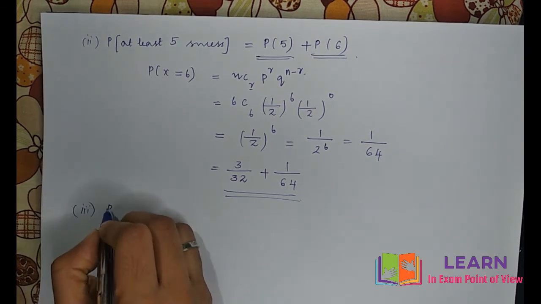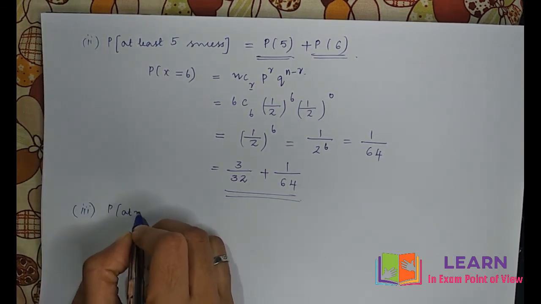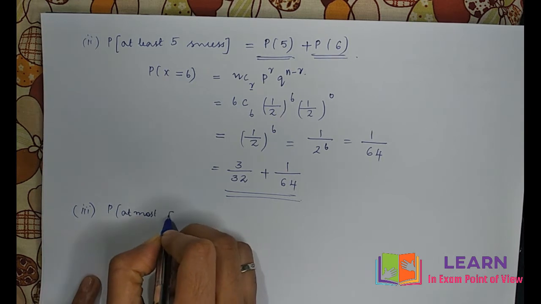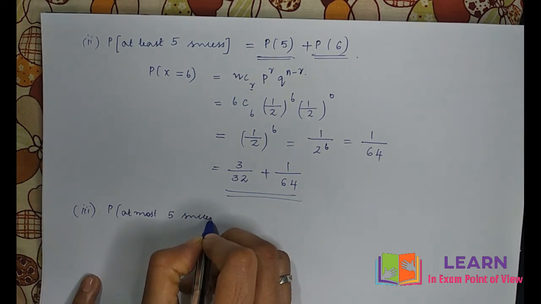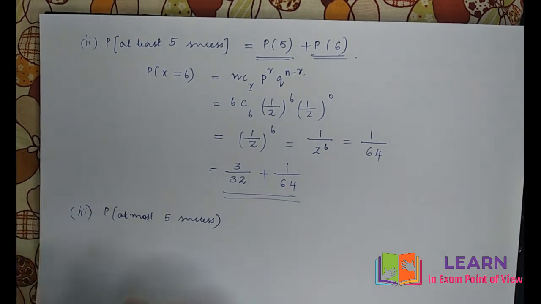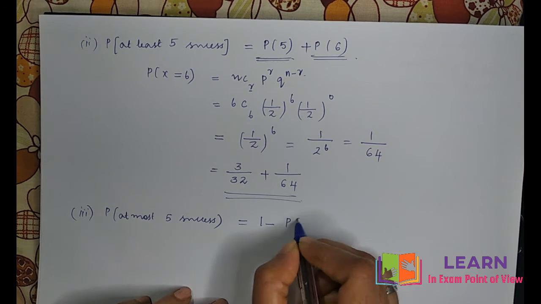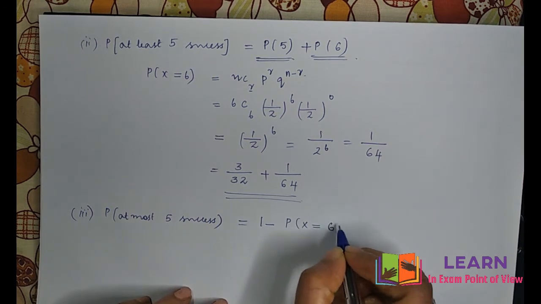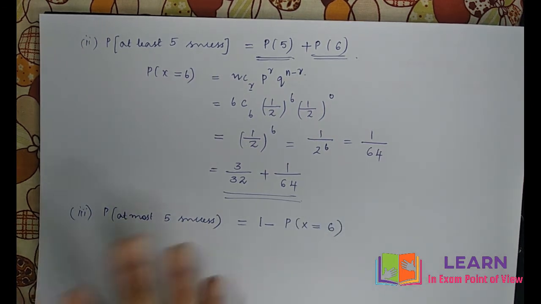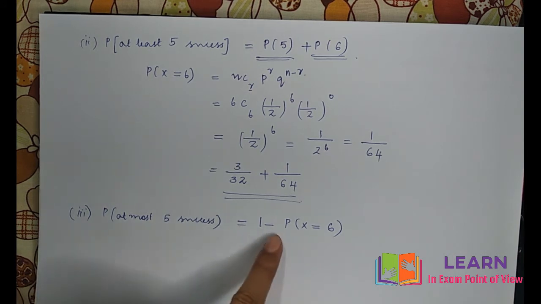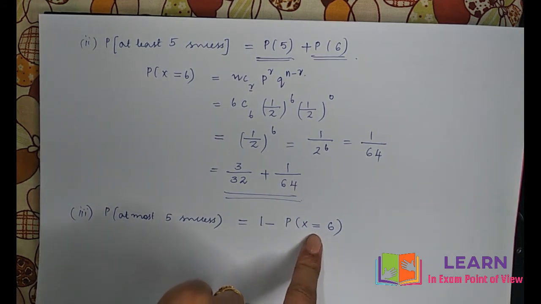Third one, it was P of at most 5 successes. At most means you can take it as 1 minus P of x equal to 6. At most 5, that is 1 minus P of x equal to 6.